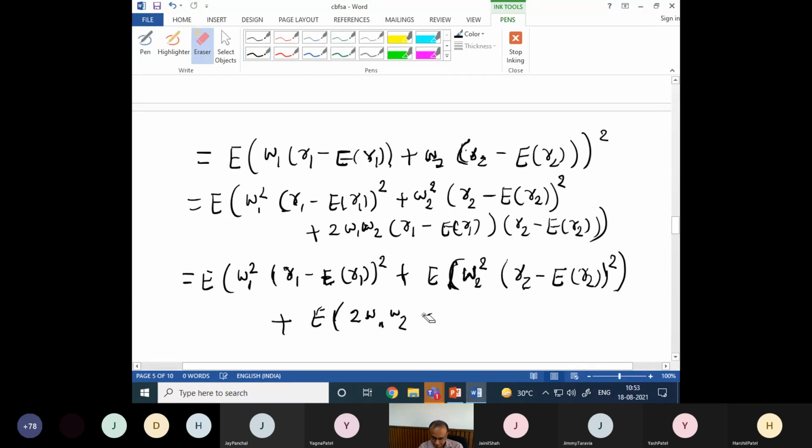Just bear with this notepad. So I have here R1 minus ER1 and R2 minus ER2. Let me complete this today.